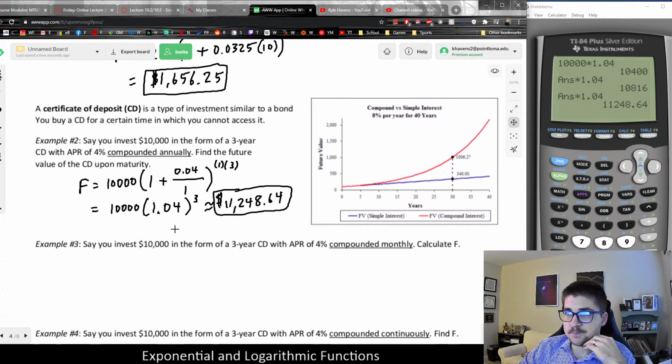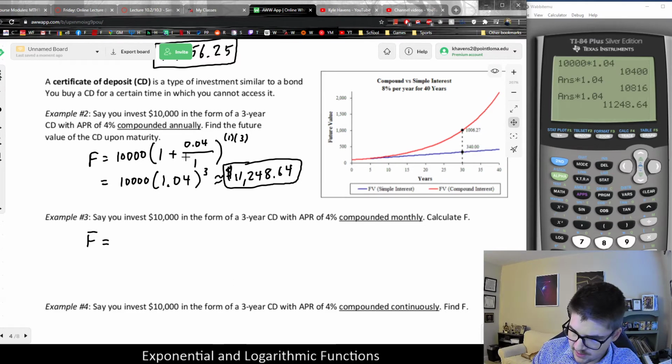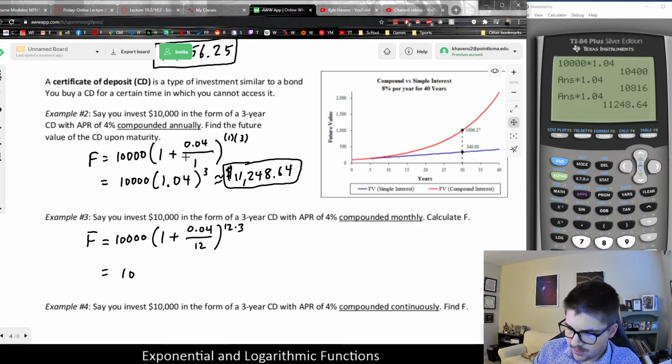We could think about that as our exponential base, and really the time frame is like the exponent in that exponential function. Now, if it were compounded monthly, the only difference would be that instead of compounding it once per year, we would change that to a 12, and it would result in a slightly different base and a slightly different exponent. And so we would wind up with 10,000 and 0.04 divided by 12.